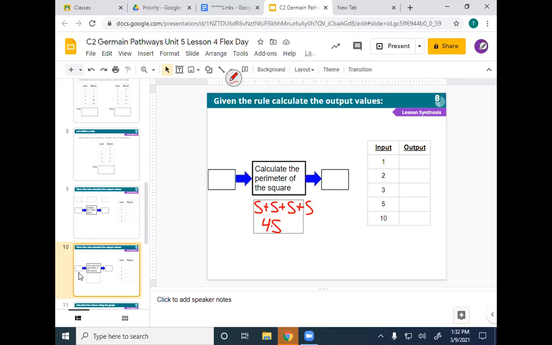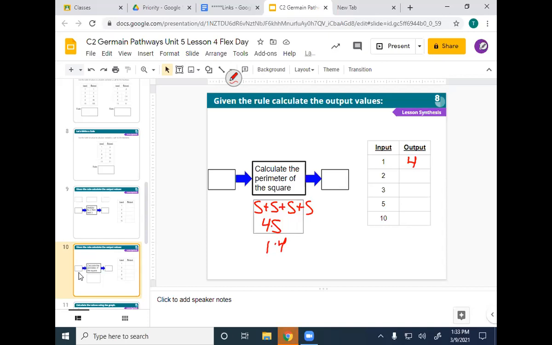Very good. So now if we have an input of 1, and our rule is S plus S plus S plus S, or 4 times S, what's it going to get for an output? Olivia. It's going to get me an output of 4 because 1 times 4 gets me 4.